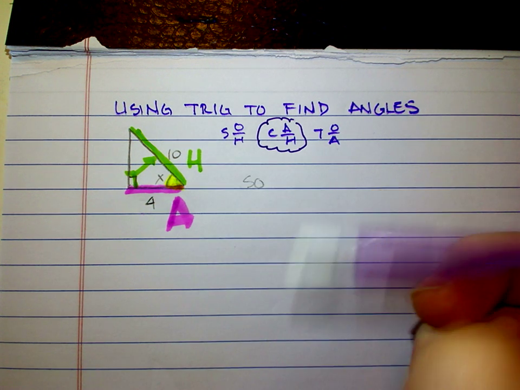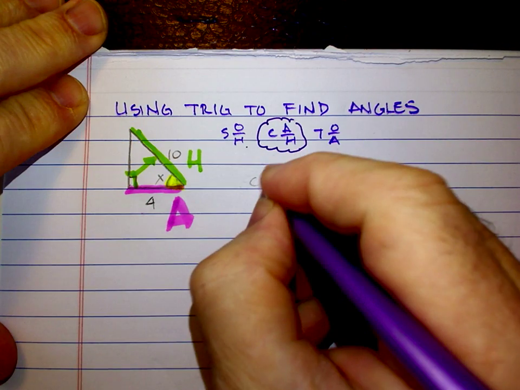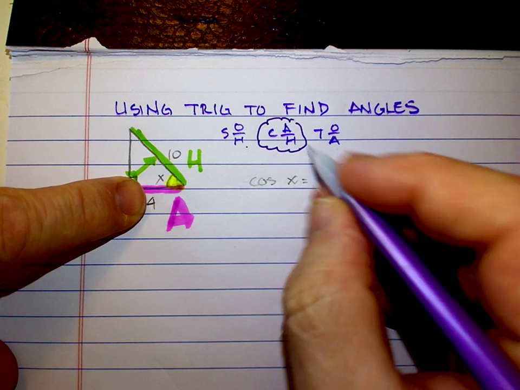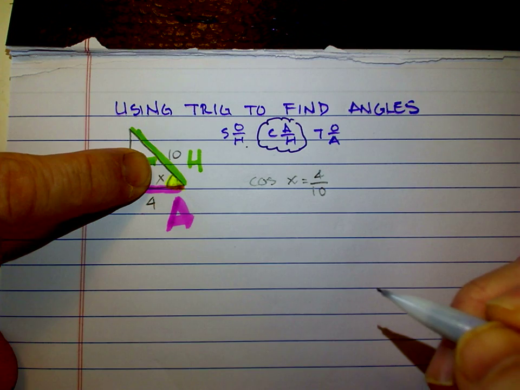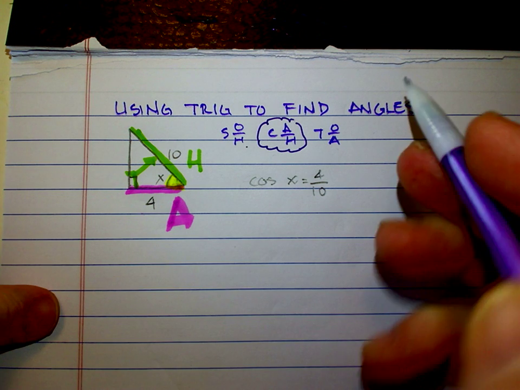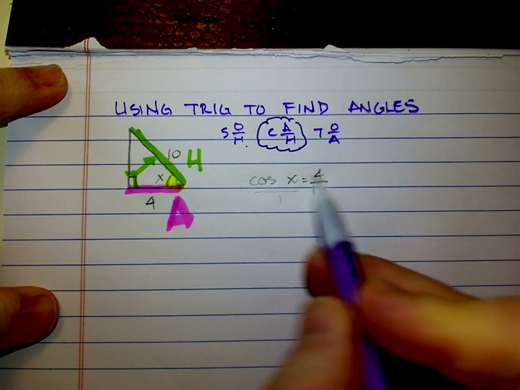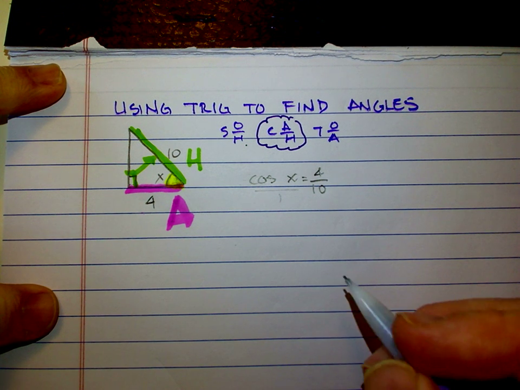The cosine, oops, got to spell that correctly, sorry. Cosine of our angle x equals A, which is 4, over 10, our hypotenuse. Now, unlike the previous ones where we used trig to find the length of the side, and we set this as a ratio and did cross multiply and dividing, this is not going to be solved that way.